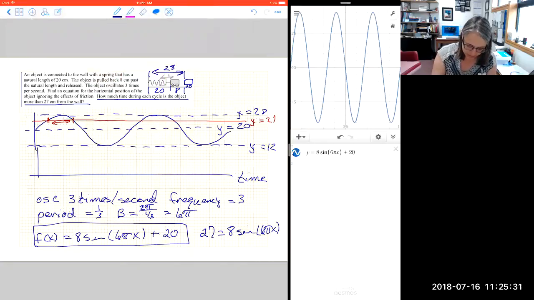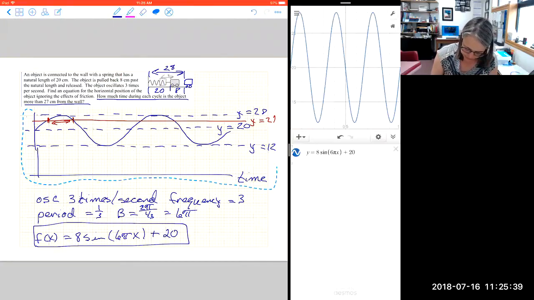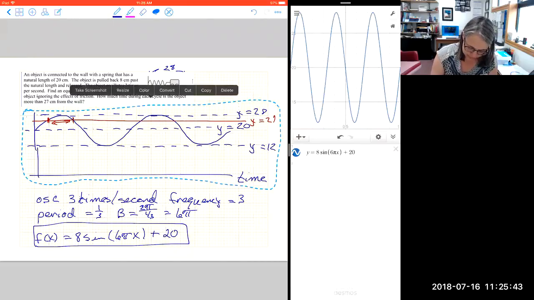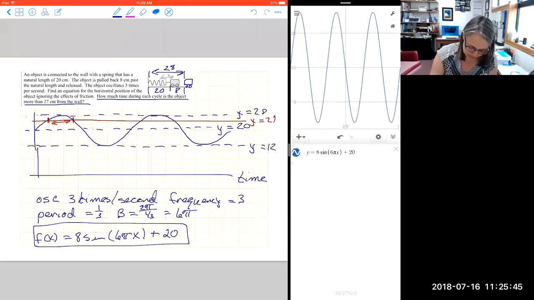So let me make some space here so that I've got some room to write. So I'm going to make all this go away, because we're done with that sketch now. Oops, not all that. Here, I'll do it this way.